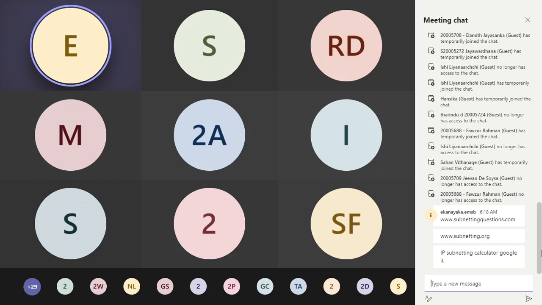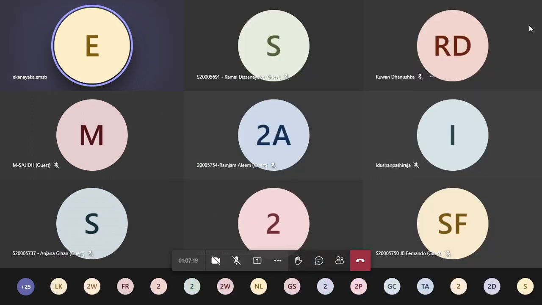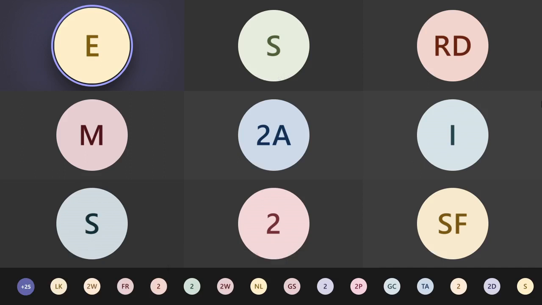Okay. Then I'll try to start IP version 6. Before we jump to IP version 6, we look at why we need IP version 6, right?